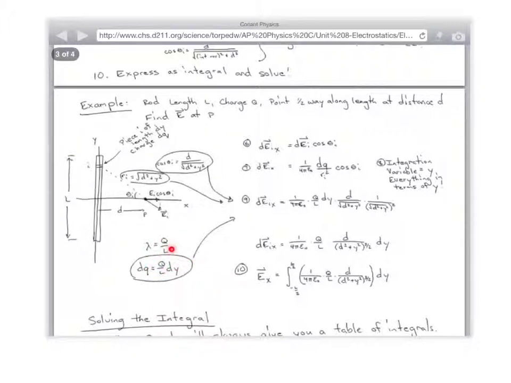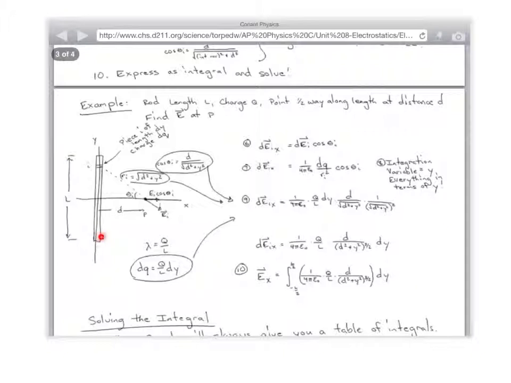Big Q is the charge of the whole stick. dq is that little piece of charge. It's the ratio of that little piece of charge to its length is equal to the ratio of the entire charge to the entire length, assuming there's a constant charge density.